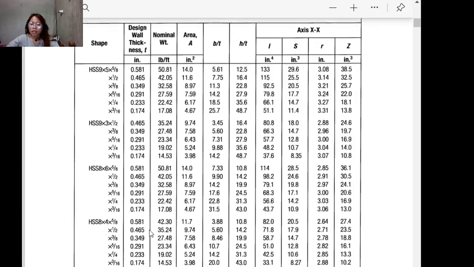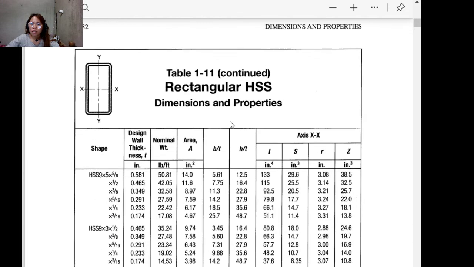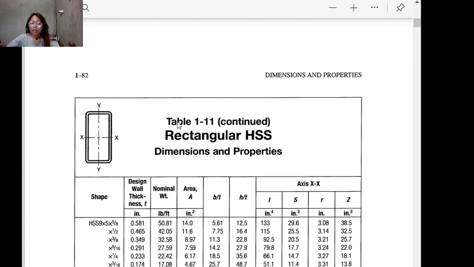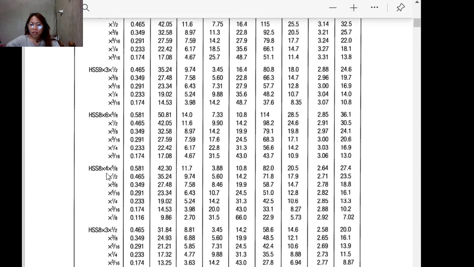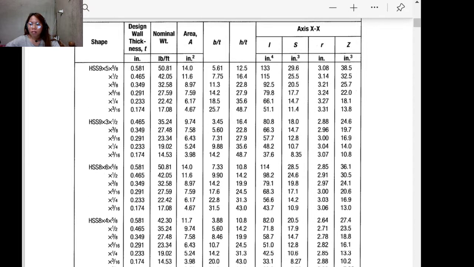This is the AISC manual, the 14th edition. HSS 8 by 4 by 1/8.